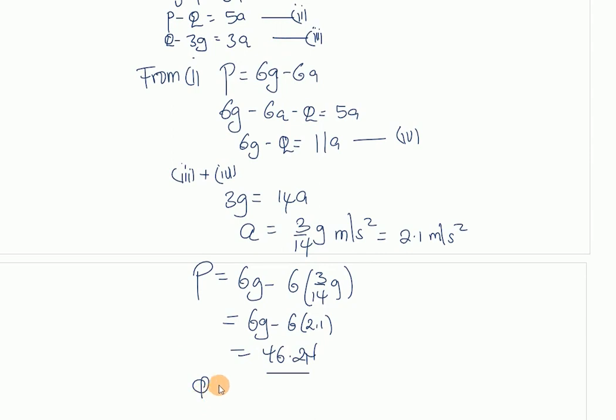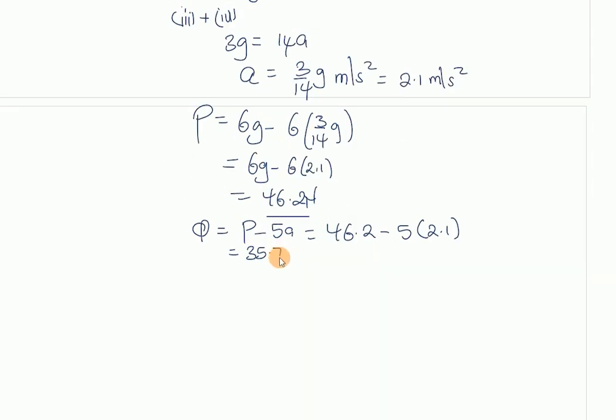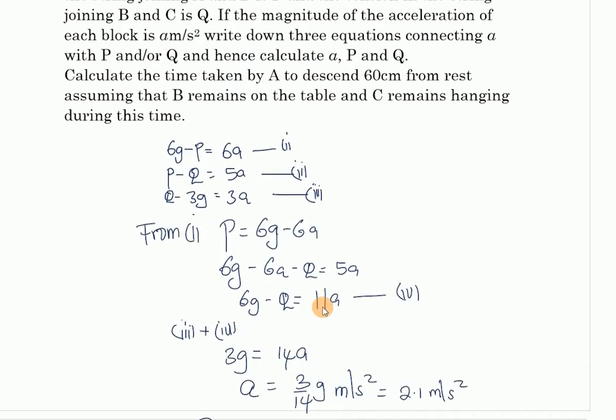Q is equal to P minus 5A. I already got P, so 46.2 minus 5 times 2.1 is 35.7 newtons. That's the value of Q.